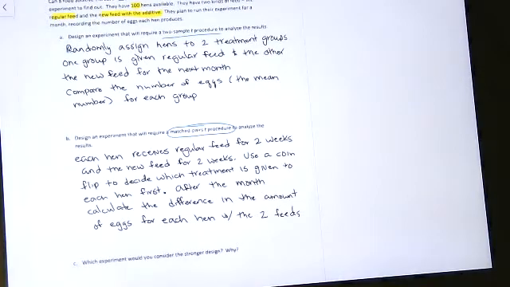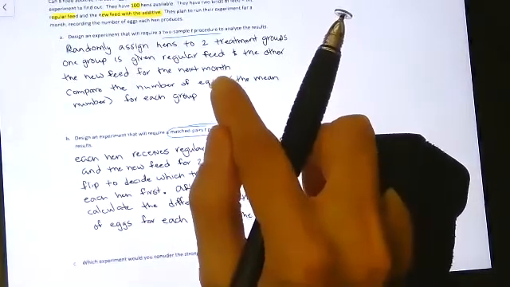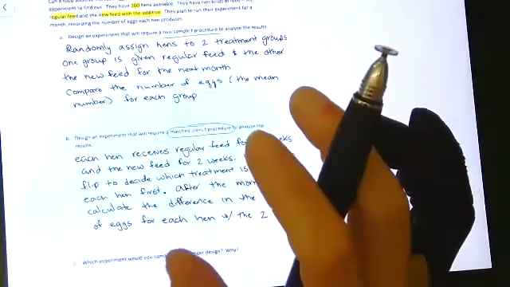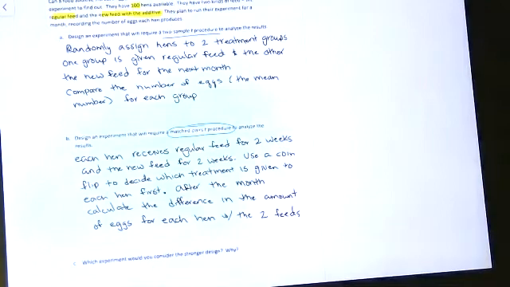Yeah, second one. Because what if, I know it's random, but what if up here you end up with, out of these 100 hens, a few super layers and they end up all together in one group with the new feed. So that group ends up with a much larger mean than the other group, but maybe it's really not due to the new feed. It was just random chance. You ended up with some really super laying hens in that group, and the other group had hens that don't lay as much.